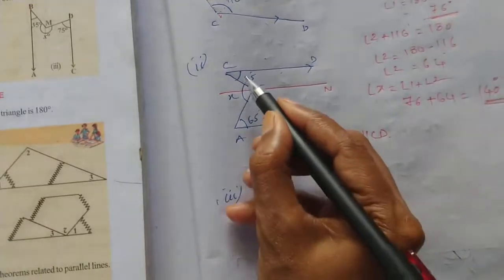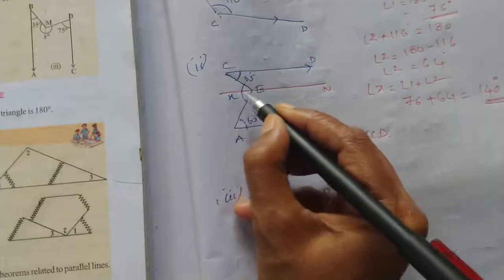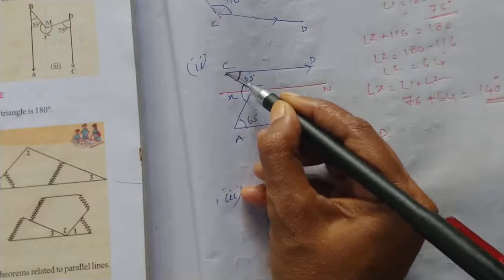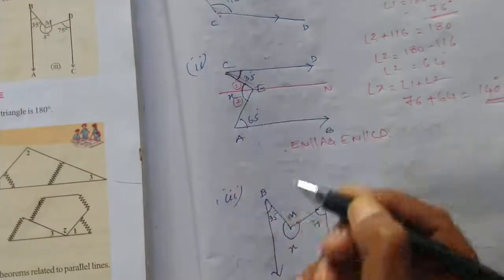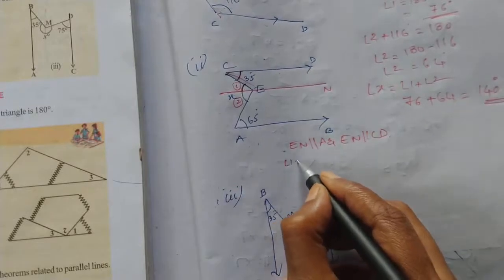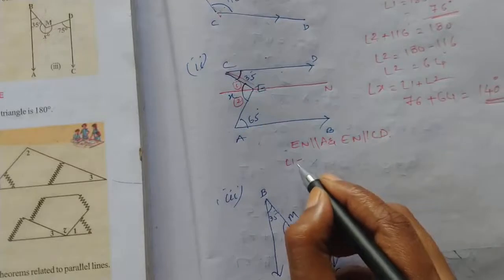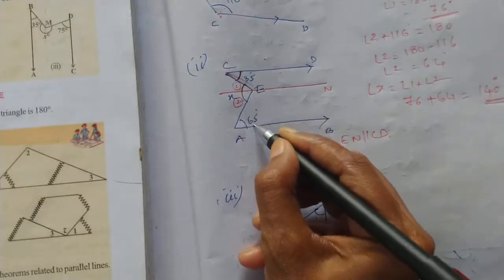Now, these are the alternate interior angles. These are the parallel lines, so this is called the transversal line and these are called alternate interior angles. Now, I am giving angle 1 and this is angle 2. Alternate interior angles are equal, so angle 1 is equal to 35 degrees. And this is also alternate interior angles.